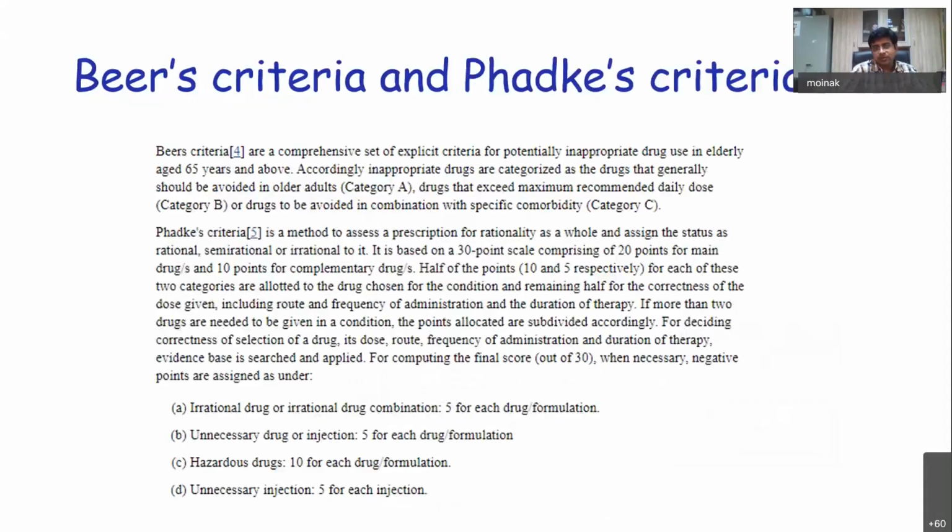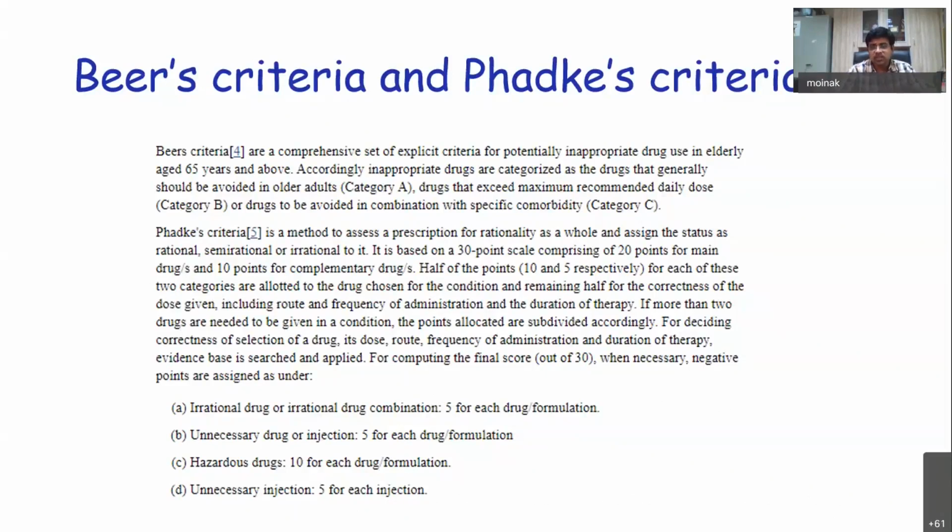When we have to evaluate prescriptions, there is, I didn't know, and actually this is the first time I came across it while writing up for this lecture of yours, something known as Phadke's criteria. It's a 30-point scale, and it tells you whether the prescription is rational, semi-rational, or irrational.